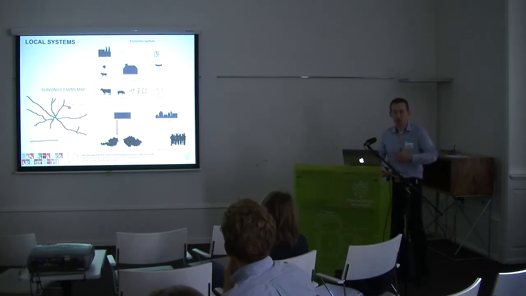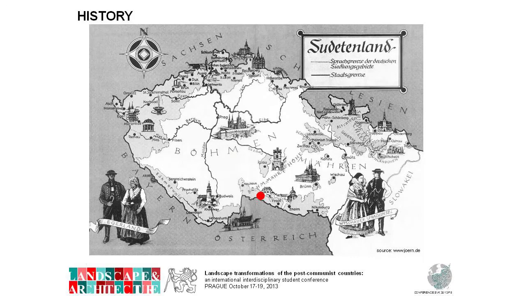are transported abroad. So now I will start to talk about the history of the place and how the history affected the other events and the landscape character in that area.